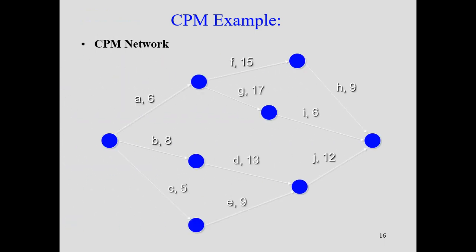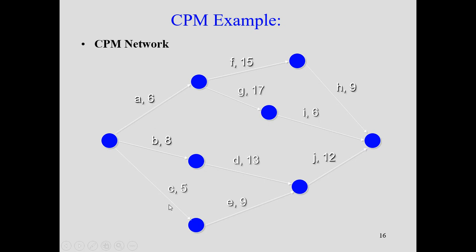Now let us look at an example here. We have a network graph already given, and there are A to H activities. The name of the activity and the duration is already given.